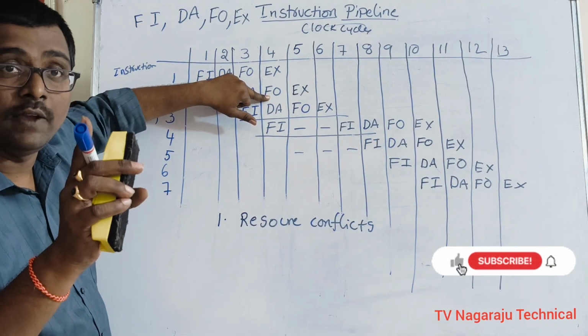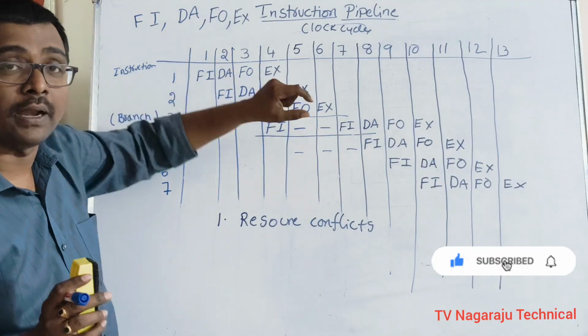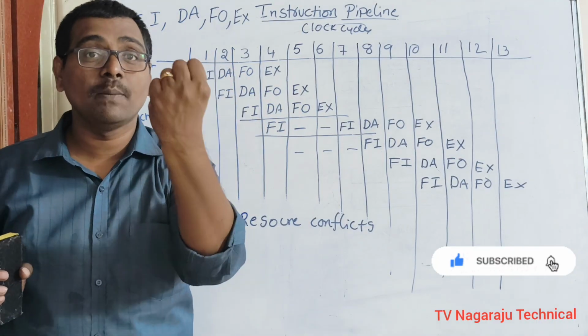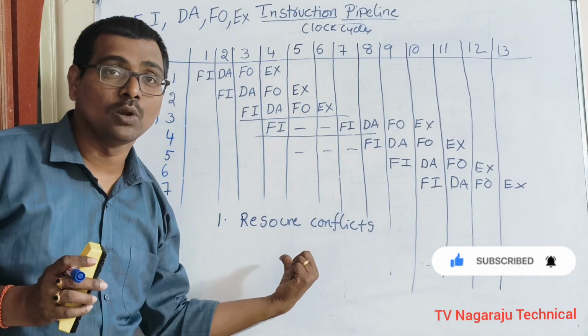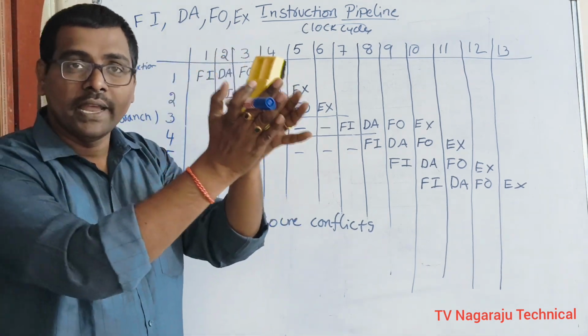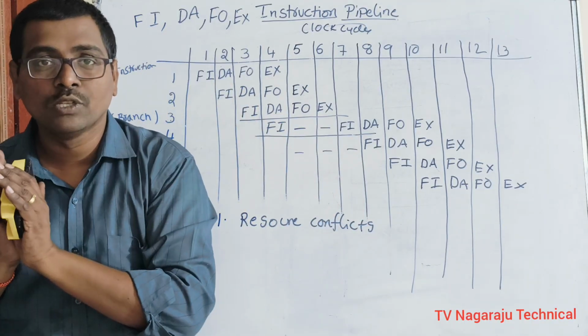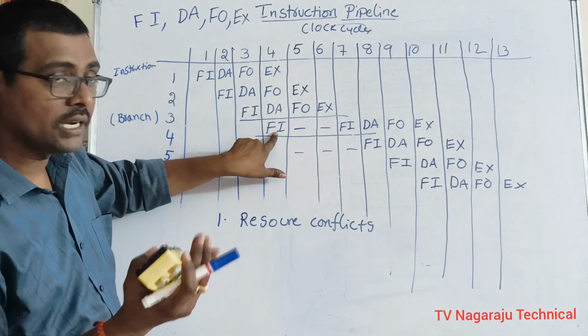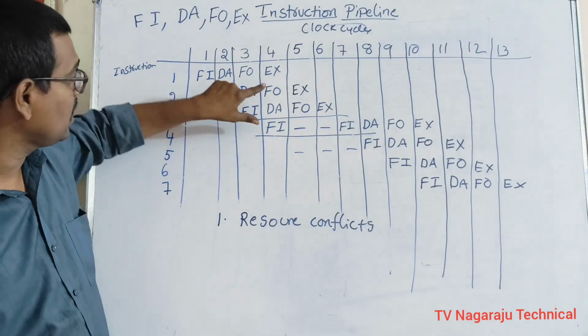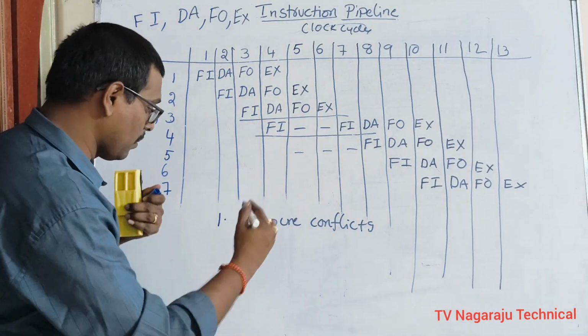Assume we have only one memory system. Both segments want the memory at the same time. It leads to conflict. So to avoid such a problem, for data we use one memory, and for instructions we use another memory. Then this retrieves the data from the memory. That is the first problem.